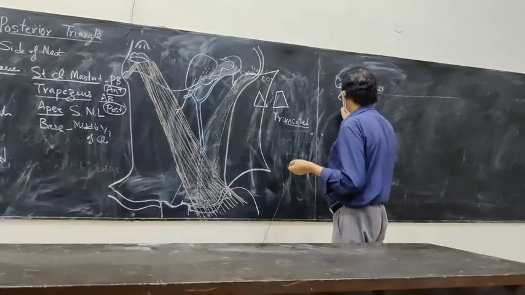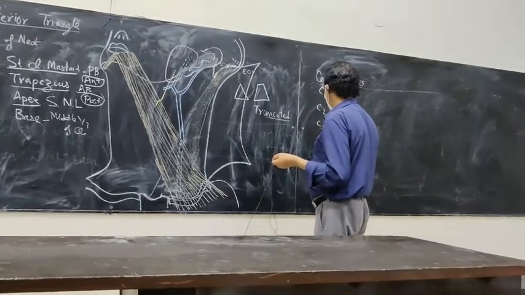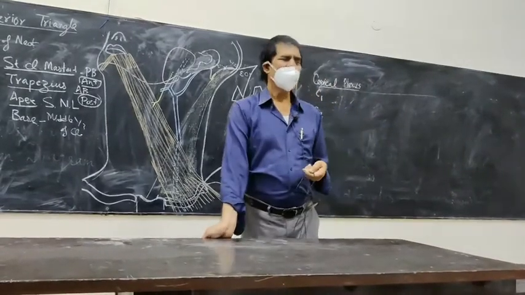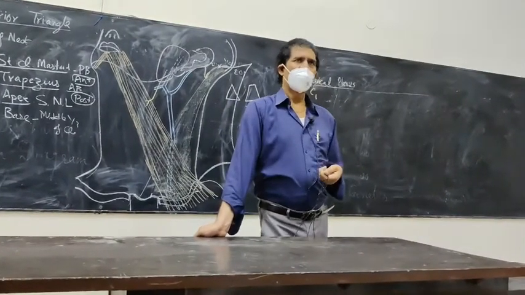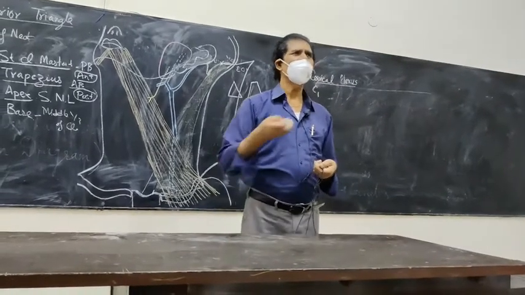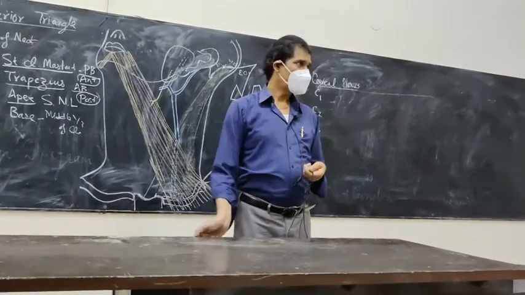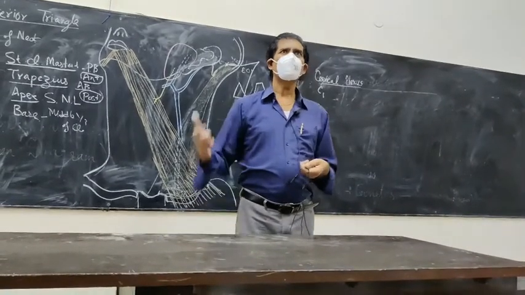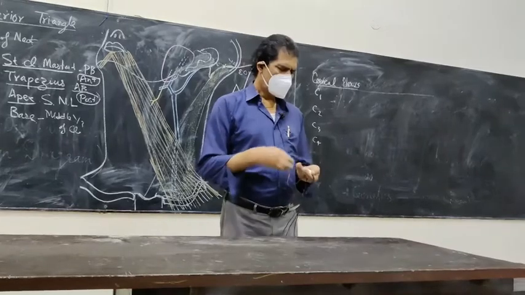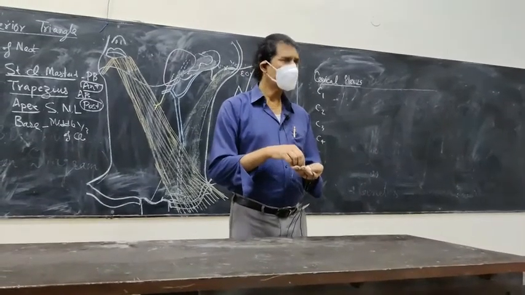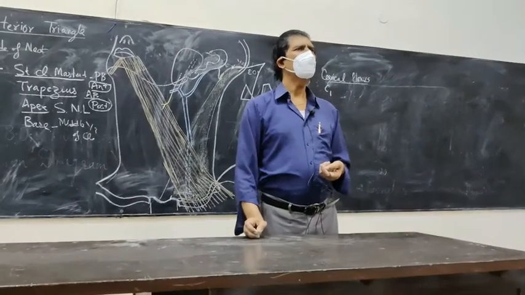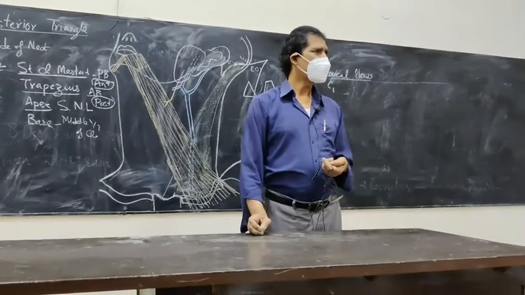The cervical plexus is formed by the C1, C2, C3 and C4 ventral rami of the spinal nerves, like C5, C6, C7, C8 and T1 were the product of the brachial plexus. So from these C1 to C4, sensory or cutaneous nerves arise to supply the various parts of the skin around the posterior triangle.